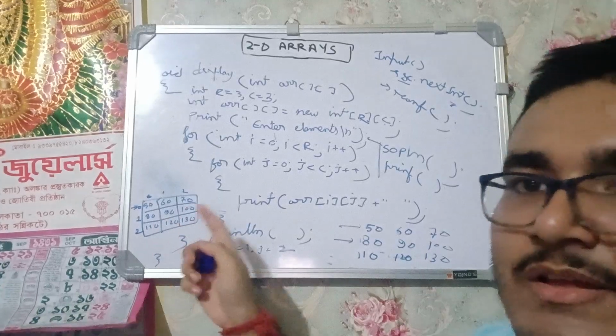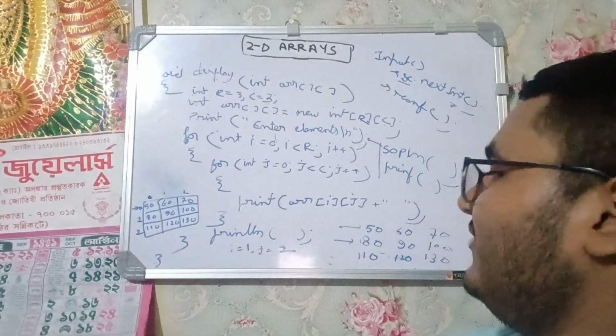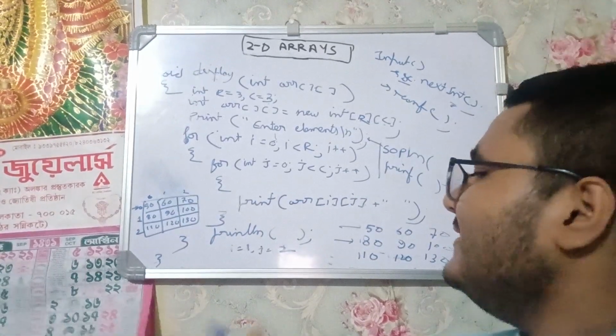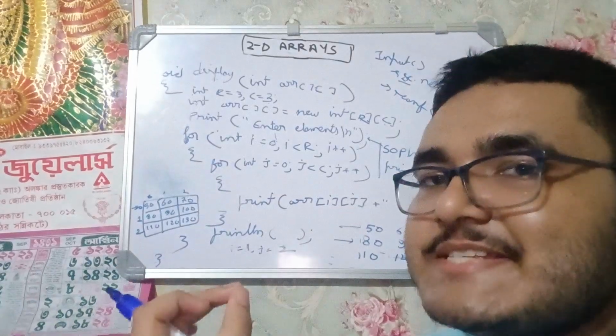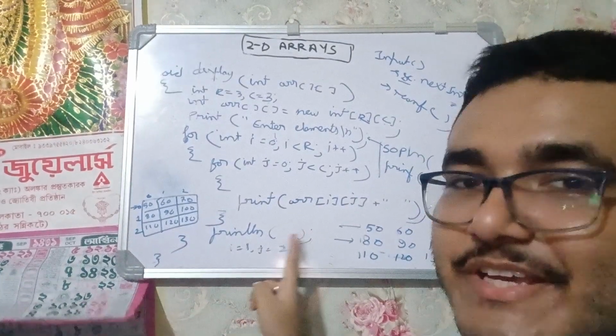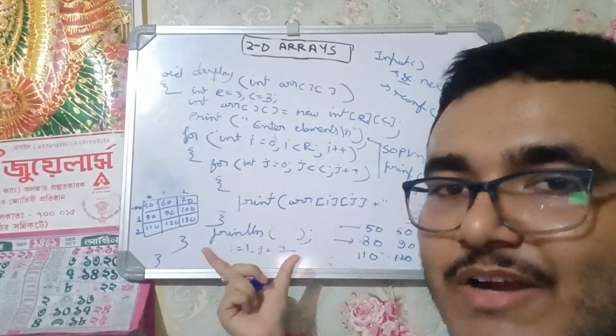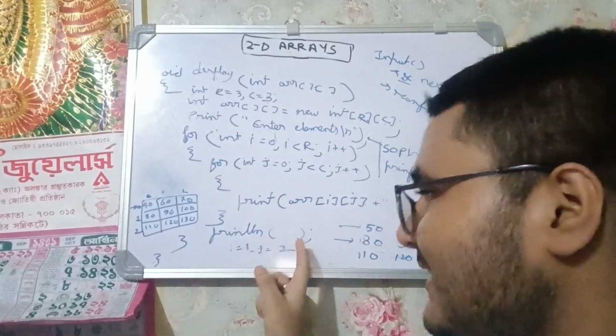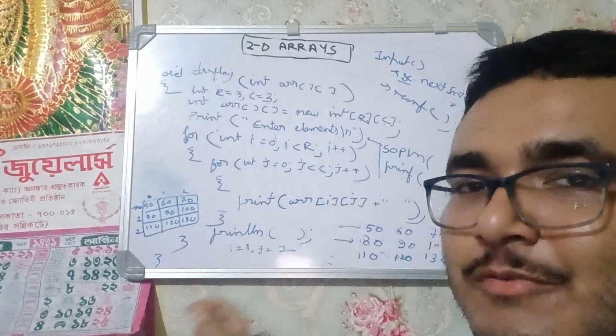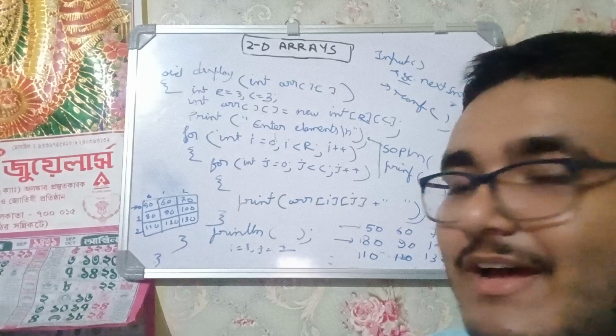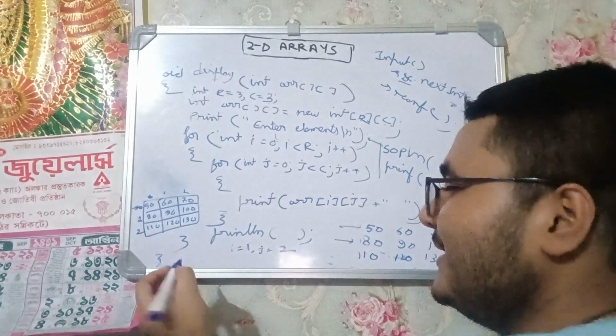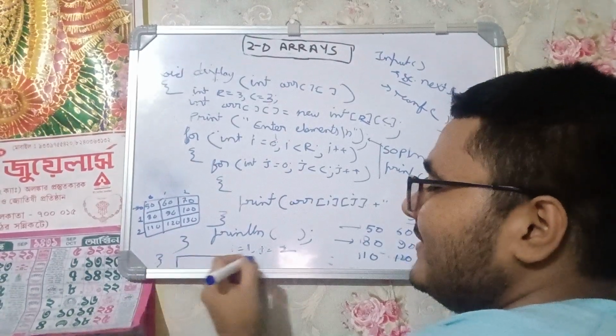If I don't give this println, so this is your assignment. Just don't give System.out.println in Java here, and see what your output will be. Just match it with my output.